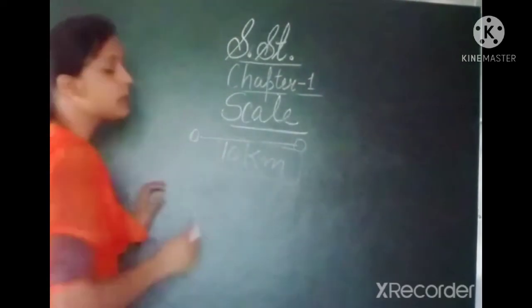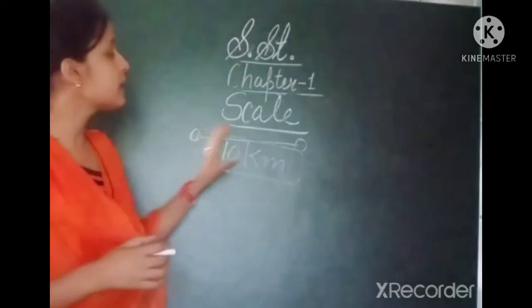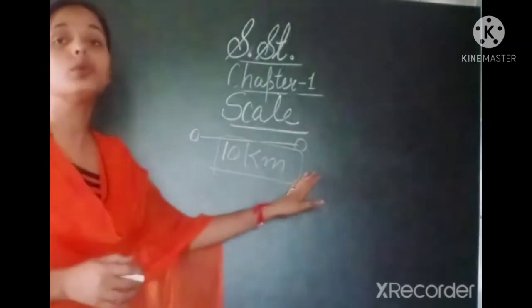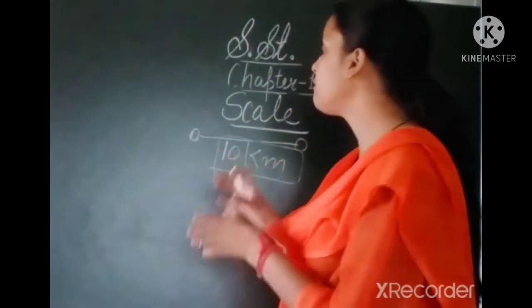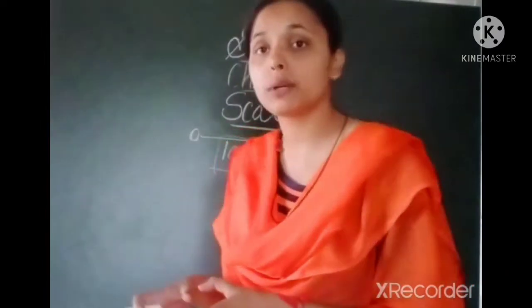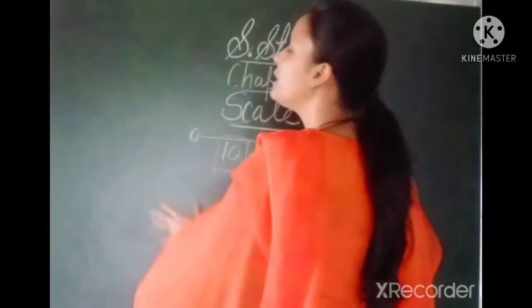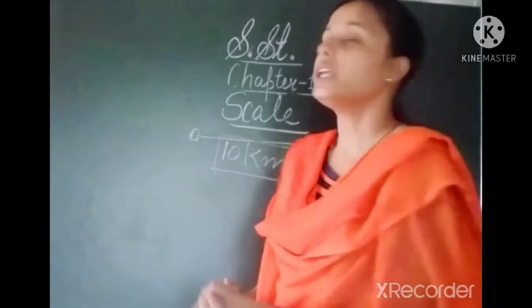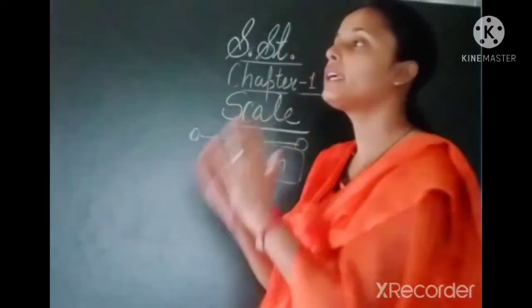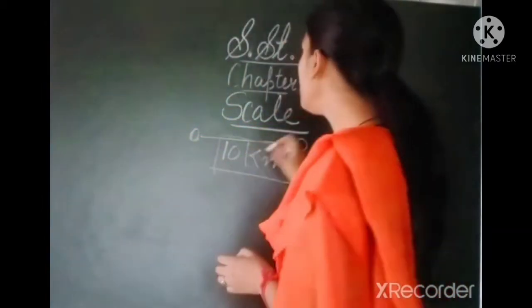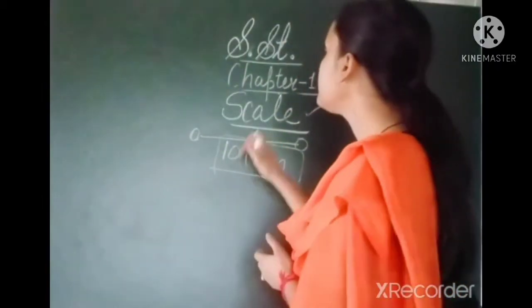Is it possible to show the distance between two places on a map? No, it's very difficult or impossible because we have limited space on a map. So to show a particular distance between two places, we use a term that is scale.